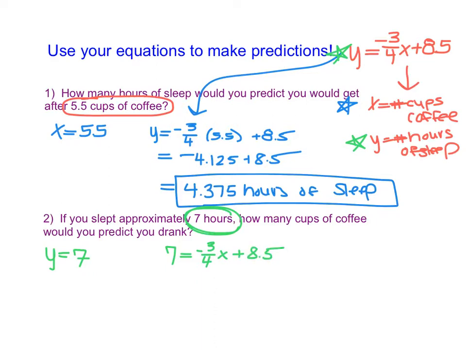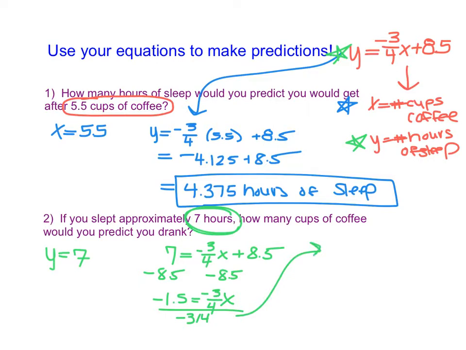Now in order to get the x value by itself, I need to start by subtracting 8.5 from each side. So I have a negative 1.5 is equal to a negative 3/4 x. Then from here I need to get x by itself, so I'm going to divide both sides by a negative 3/4.